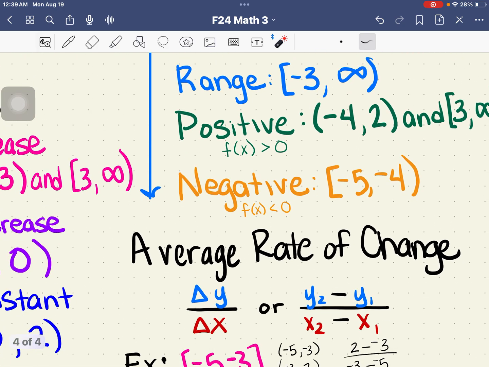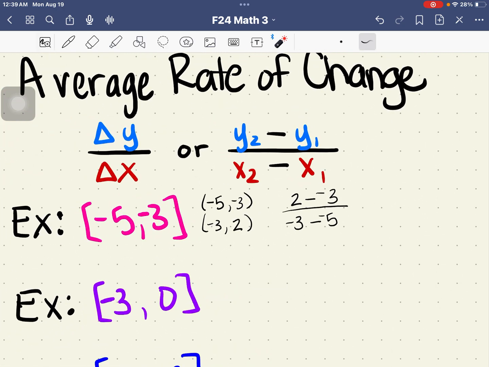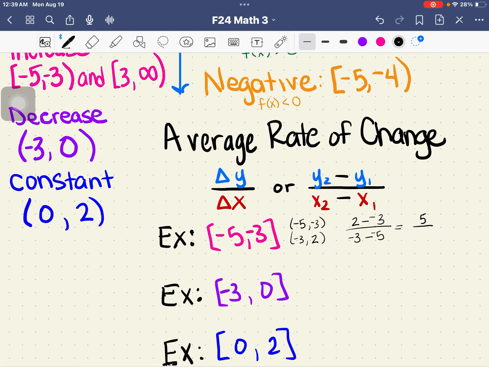All of that is the same thing. And then we're going to come up with our average rate of change. So 2 minus negative 3, remember minus negative is plus, so 2 plus 3 is 5. And then negative 3 minus negative 5, or negative 3 plus 5, is 2. Okay? So the average rate of change between negative 5 and negative 3 is positive 5 halves.